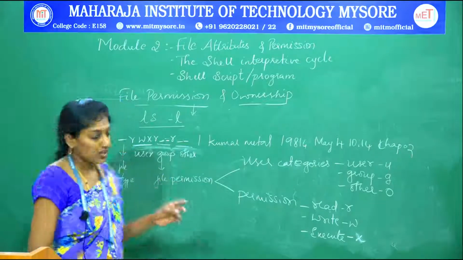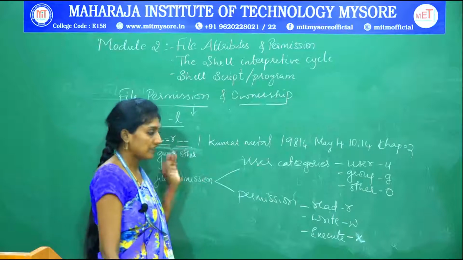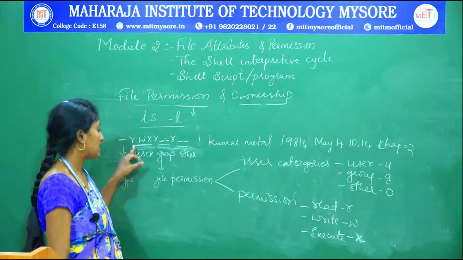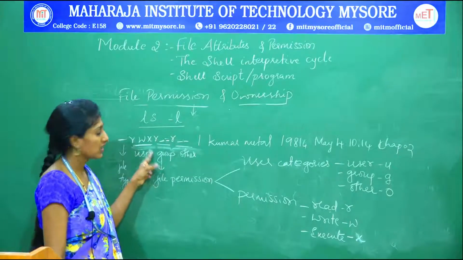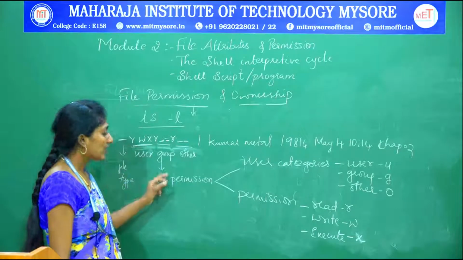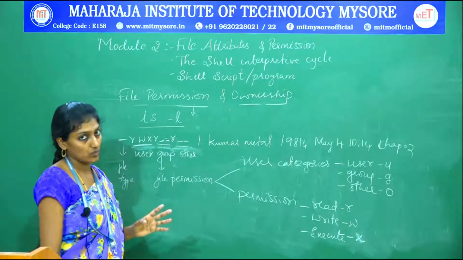So this is how the file has been protected within the Unix system. You can protect a file by assigning only a few of the permissions: either read, write or execute permission, or only the read permission, or only the write permission, or only the execute permission.